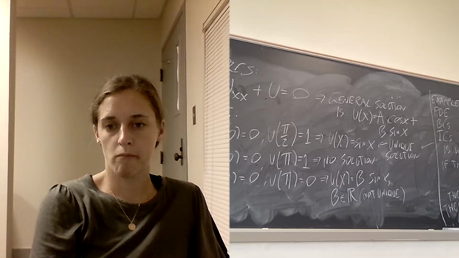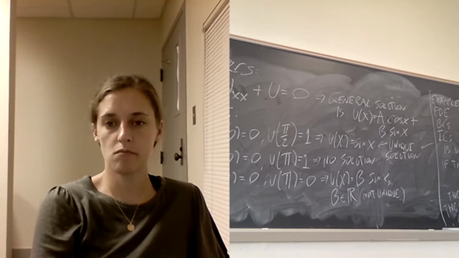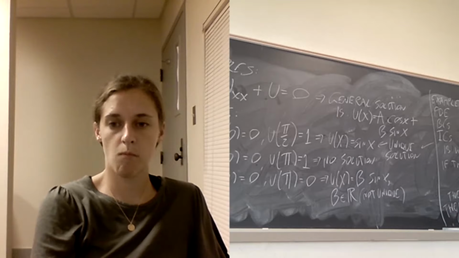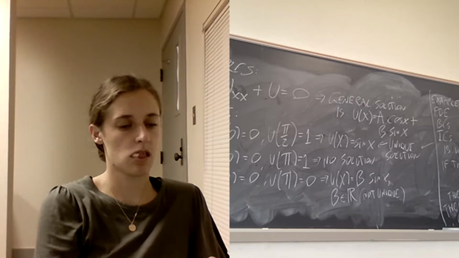So a small change in the problem data, such as the initial condition, u naught of x, could lead to an arbitrarily large change in the solution.